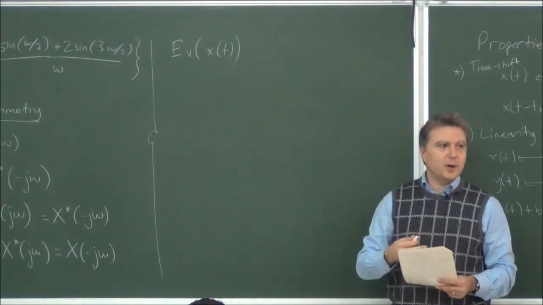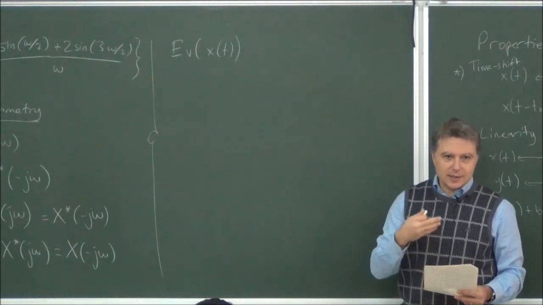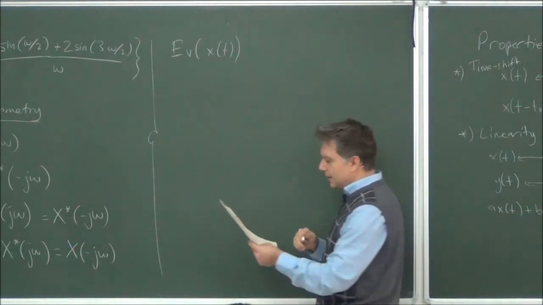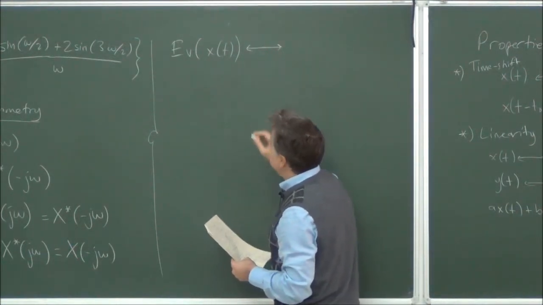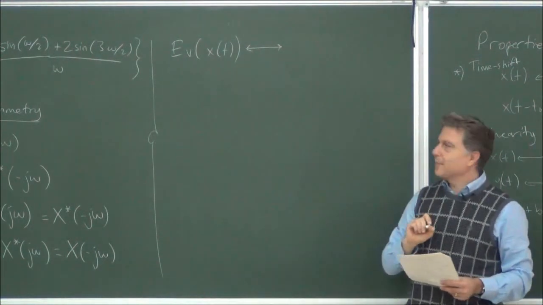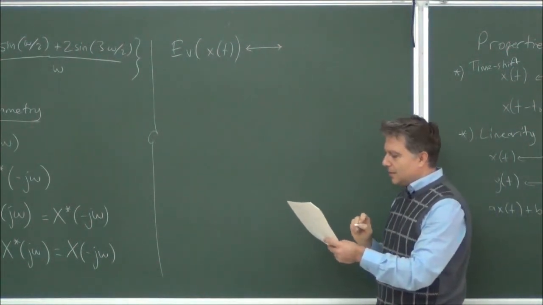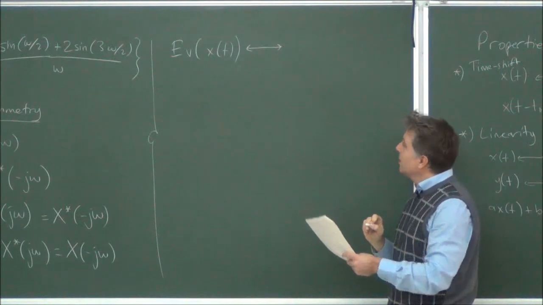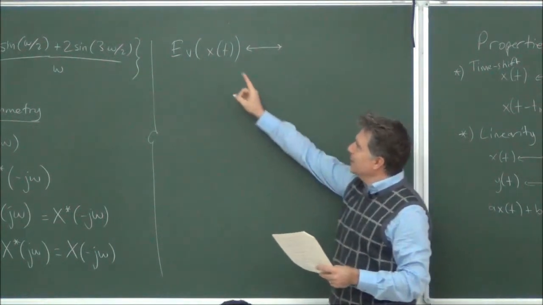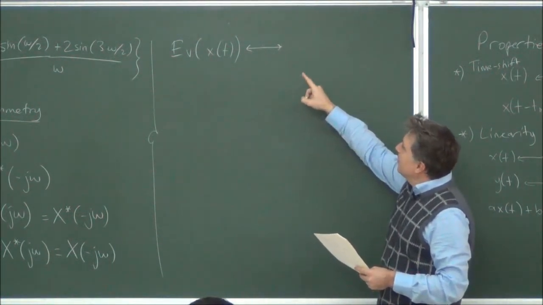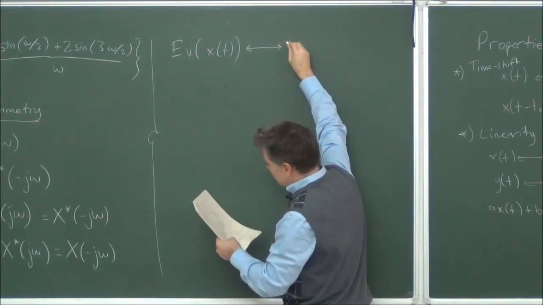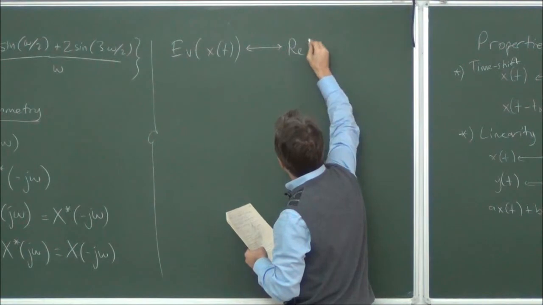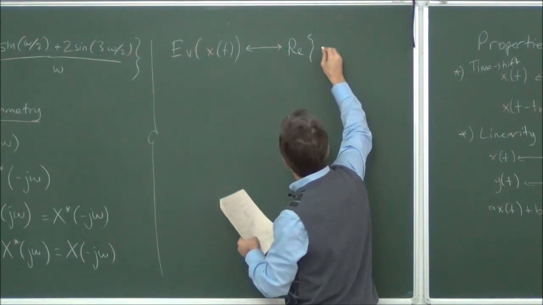So the even part of any signal is automatically symmetric. No, it doesn't have to be real, sorry. It's just that a symmetric sequence will always result in a real Fourier transform.